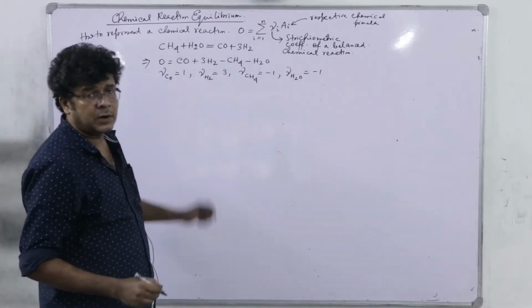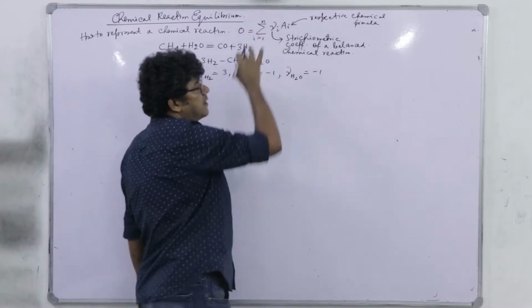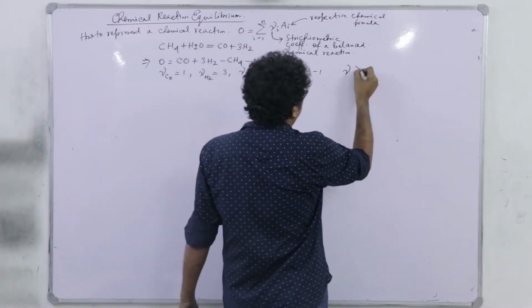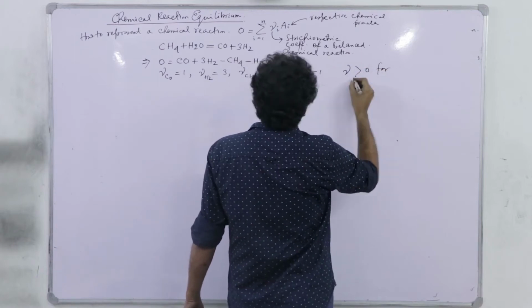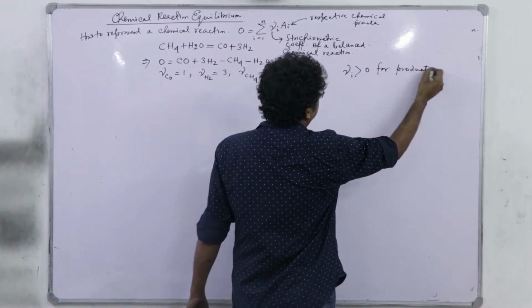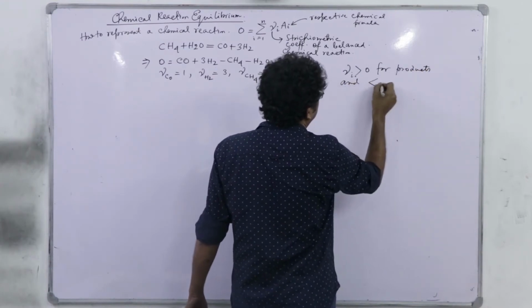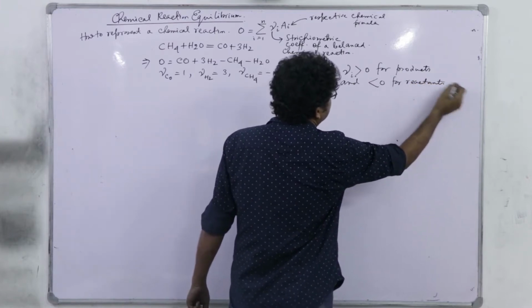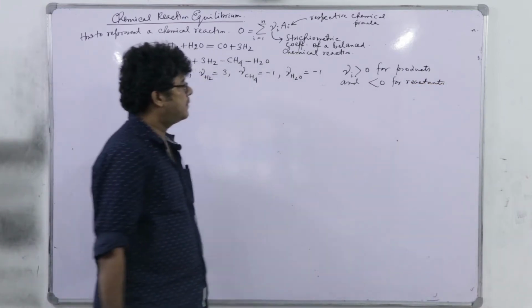So, if I write the chemical reaction in this style, then nu i is positive for products and negative for reactants.